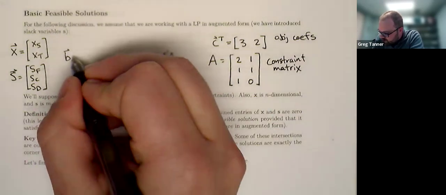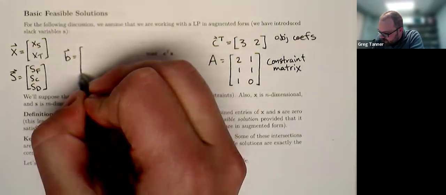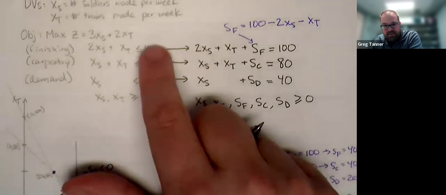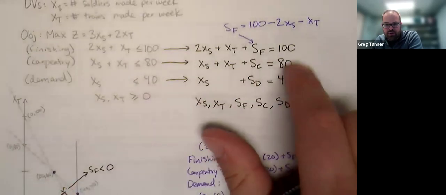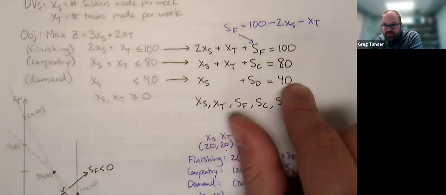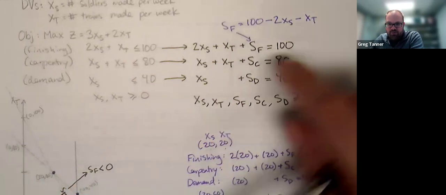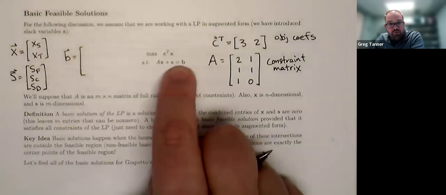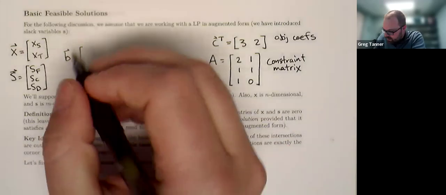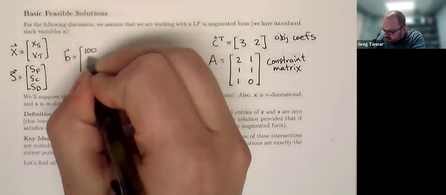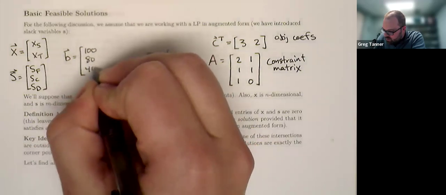The B vector is going to be the right-hand side, and that's essentially going to capture the right-hand sides of these constraints. In augmented format, it's the same right-hand sides, but now we've got equalities. And so the right-hand sides are then 100, 80, 40.